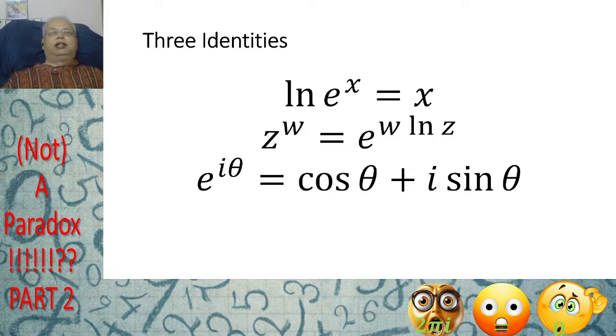These three identities we know well from our higher secondary days.